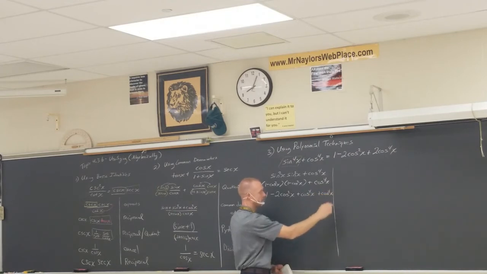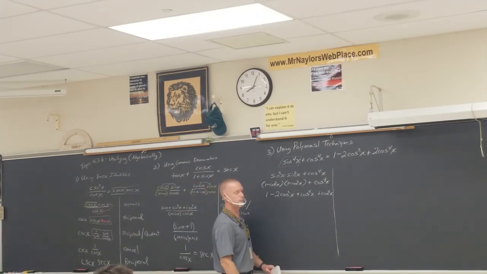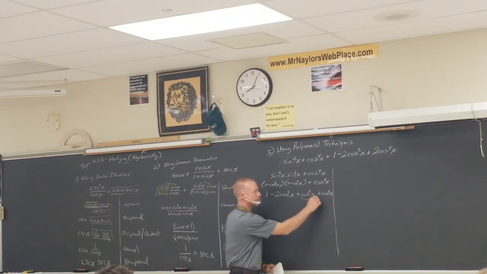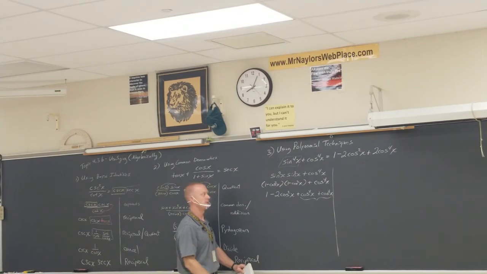Don't lose track. We also have a cosine to the fourth as part of the original. All right, and I hope that you're feeling like that we did it. As long as you understand that that's 2 cosine to the 4th.